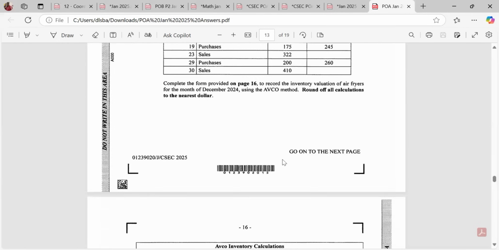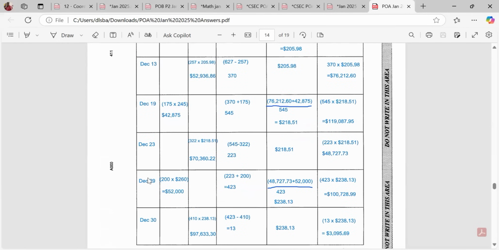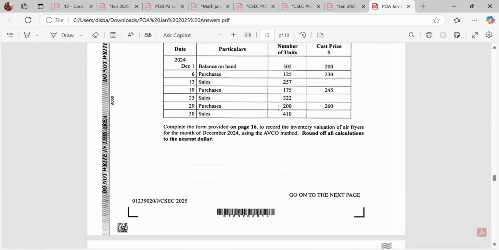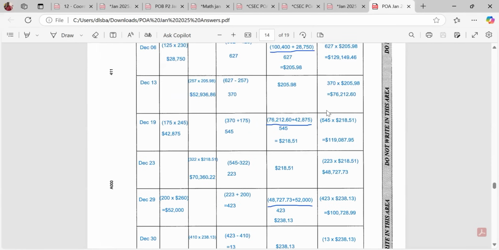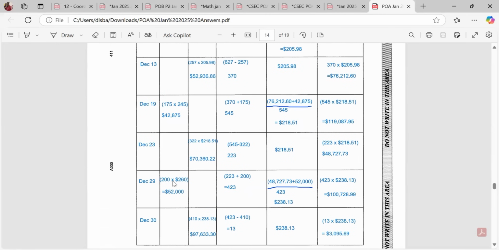On the 29th, you purchase 200 goods. So that goes under the inventory in column. 200 multiplied by, it costs 260. 200 multiplied by 260, 52,000. The total goods you have is now 223 plus the 200 you just bought, 423.